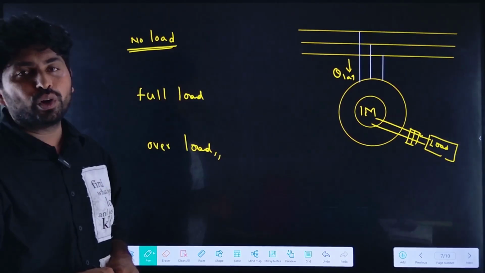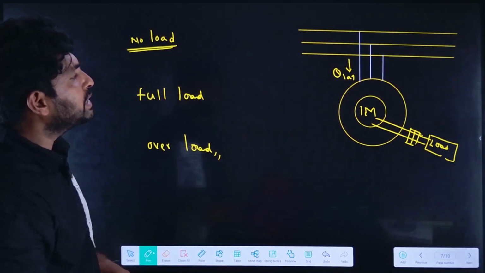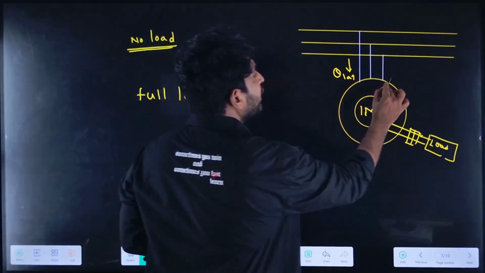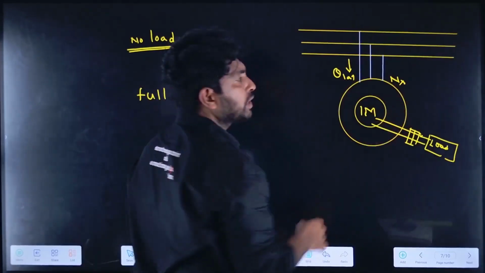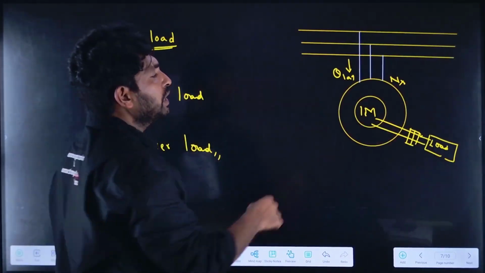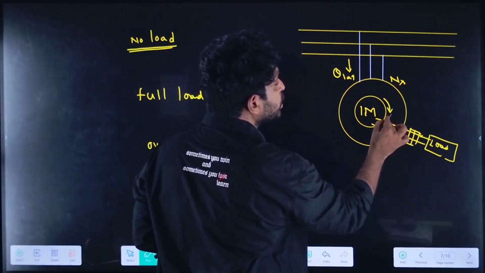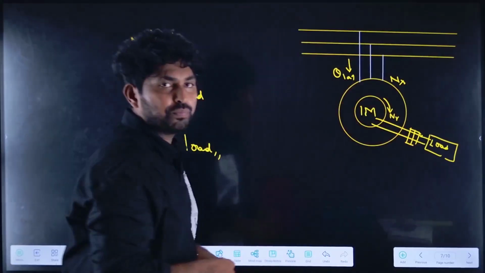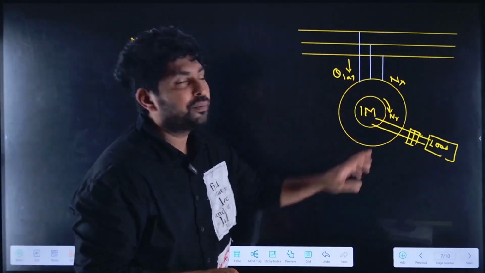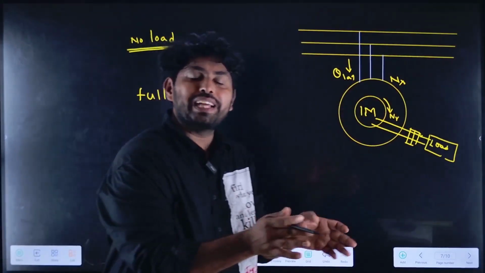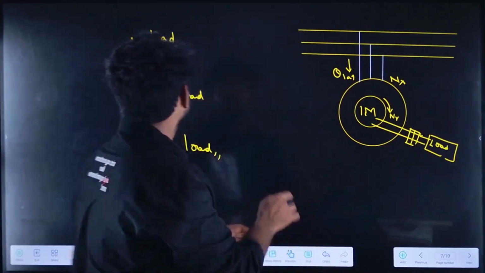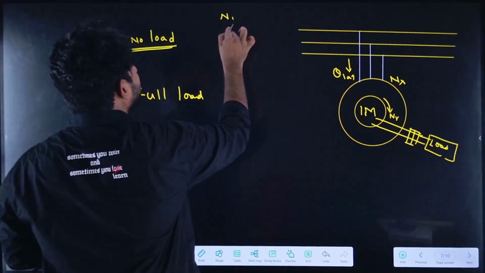What happens in the no load condition? If Ns is the stator speed, the rotating magnetic field, and let us assume that the rotor is rotating with Nr. So what is the slip? Slip is the difference Ns minus Nr.